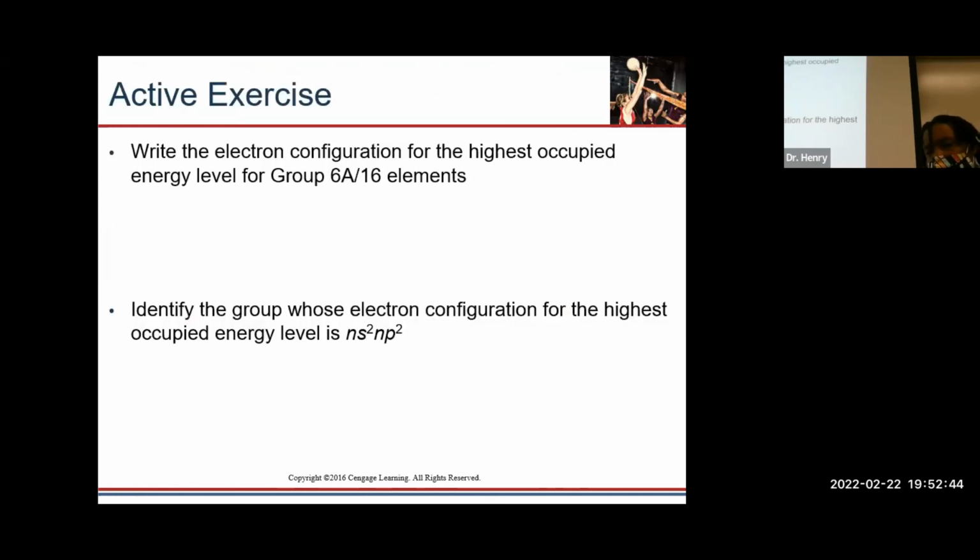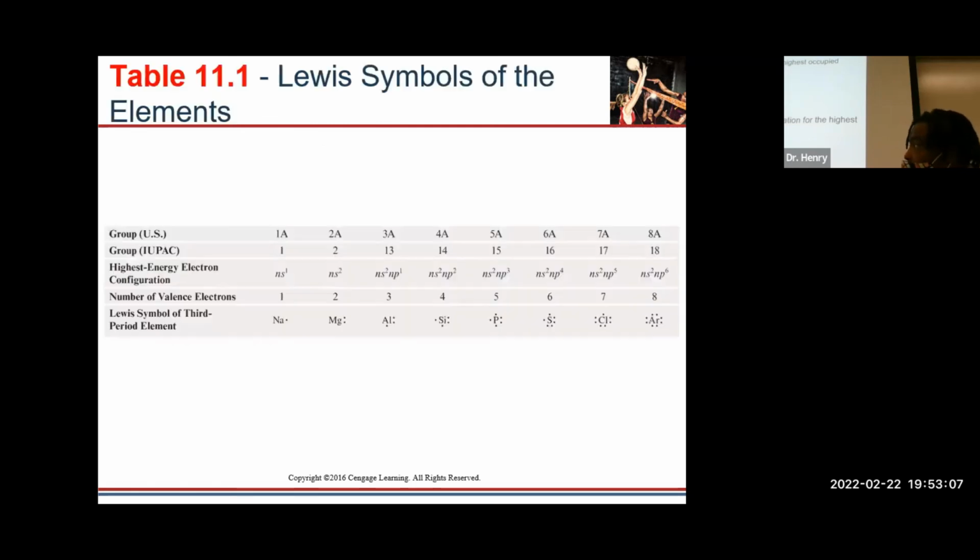Okay, so we'll write the electron configuration for the highest occupied energy level for group 16. Group 6A is the same thing as group 16. Group 6A just stands for that main group. So if we go back to that last slide, what group was it?